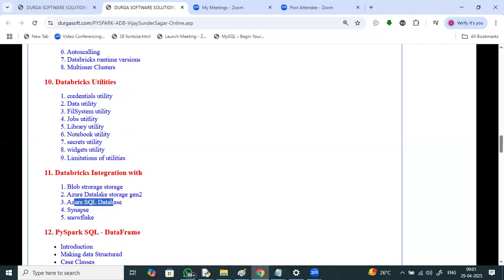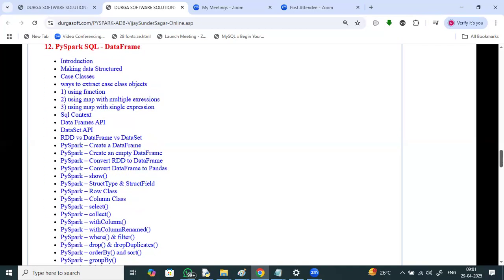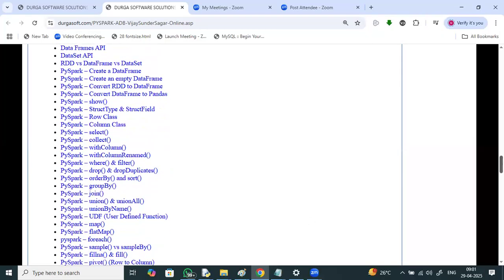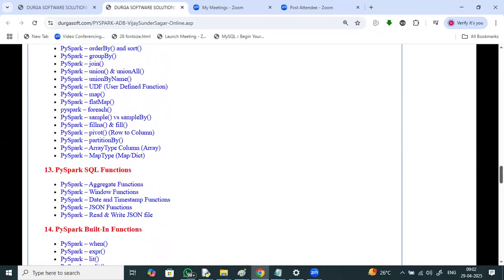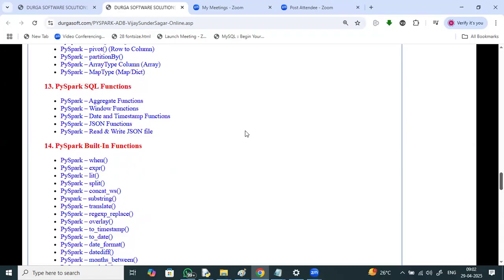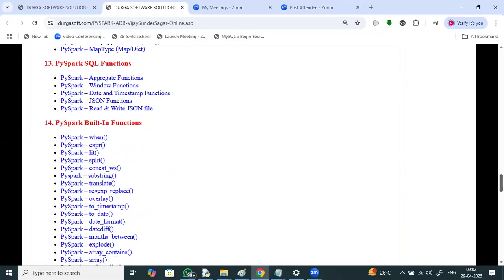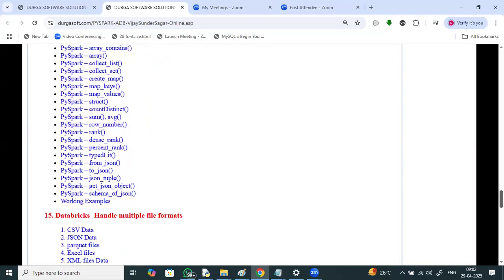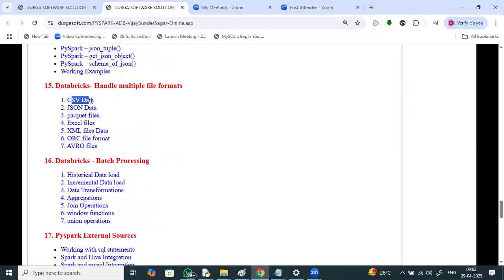And the PySpark data frame: how to create a data frame, an empty data frame from an RDD, from the Row class, Column class, select, collect, all the functions of the data frame, and PySpark SQL functions, window functions, date and timestamp, JSON functions, reading and writing, built-in functions with multiple working examples, handling multiple file formats: CSV, JSON, Parquet, Excel, XML, ORC, Avro.